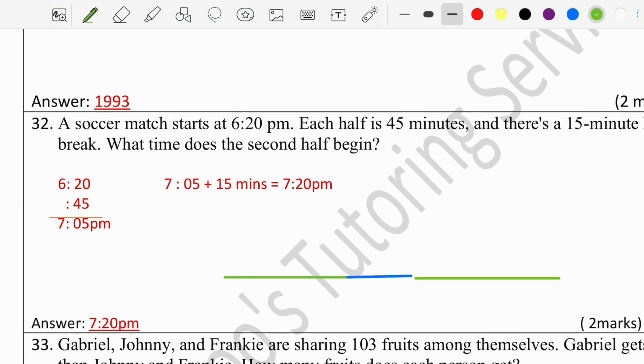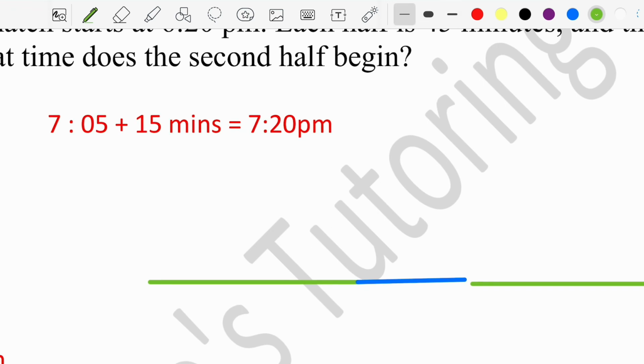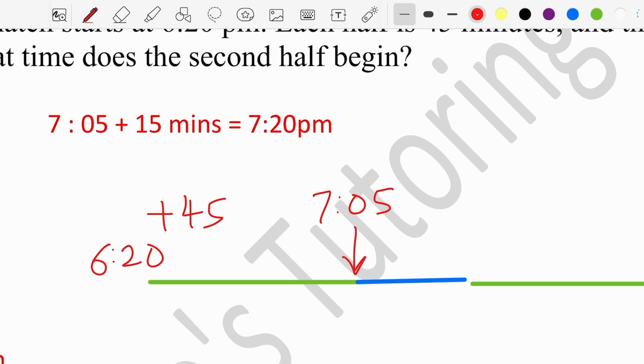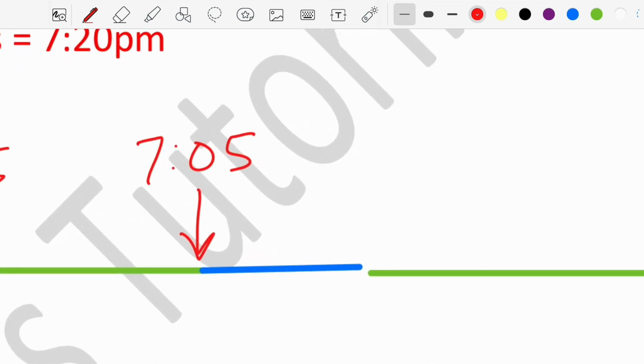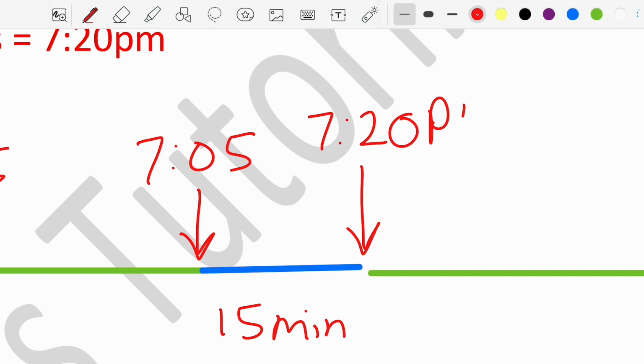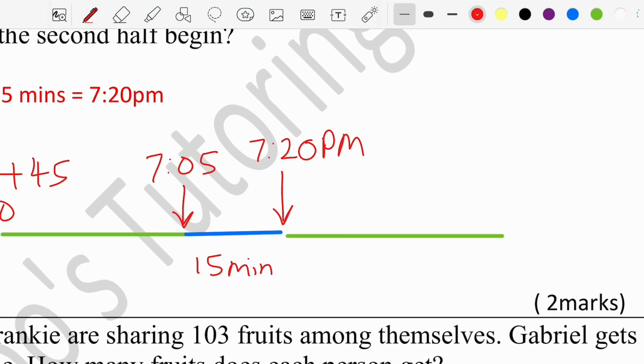Alright, so if we start at 6:20, and we add 45 minutes, we will get 7:05. And then we must add the break time, which is 15 minutes. And we'll get 7:20 p.m., which is also the start of the second half.